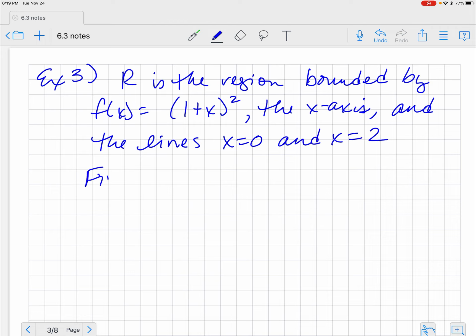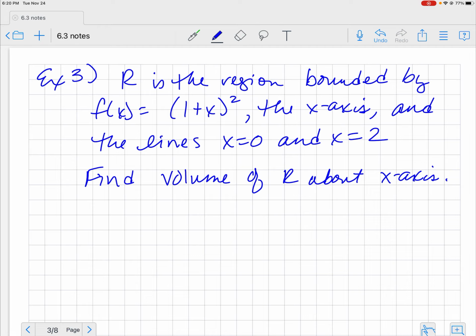We are charged with finding the volume of R about the x-axis, right? Now, as we know from forever ago, if you have a vertical line, that's x equals some number. And that's what we have here.